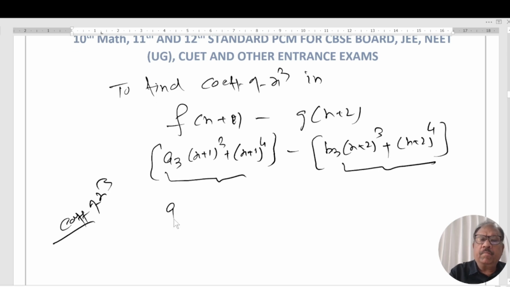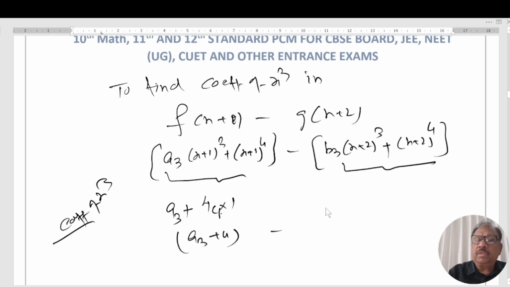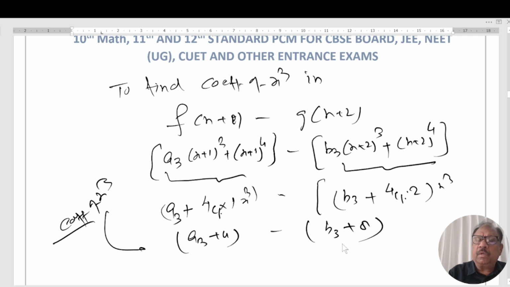In this there will come a3 plus 4C1 into 1. That is a3 plus 4, minus, in this case there will come b3 plus 4C1 into 2, this is x cube. So coefficient of x cube will also come b3 plus 8.